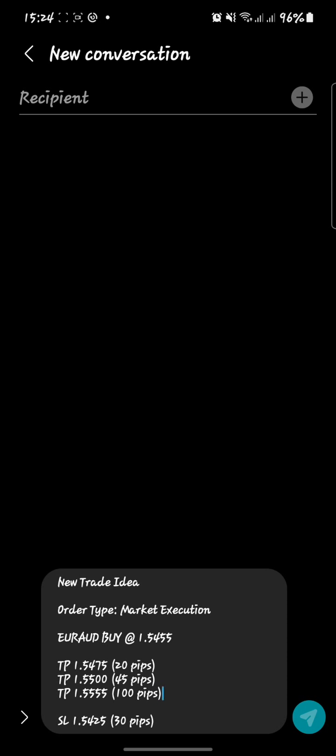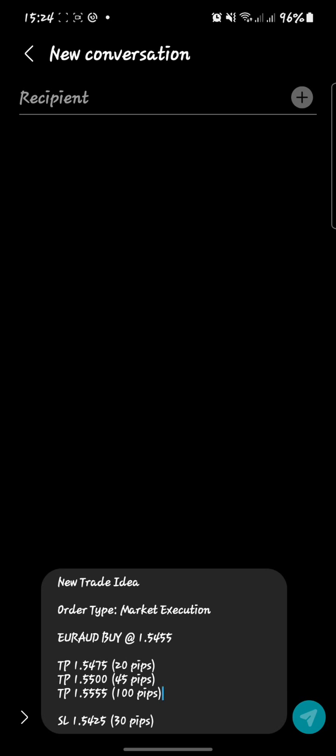So now what are we going to do? We want to make sure that you select or copy your stop loss value. Then you go to your Metatrader 4, you look for Euro AUD, and you set your stop loss, you set your take profit, and you get into the buy trade.